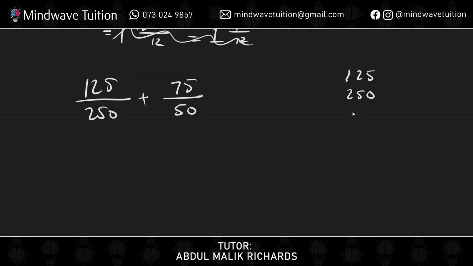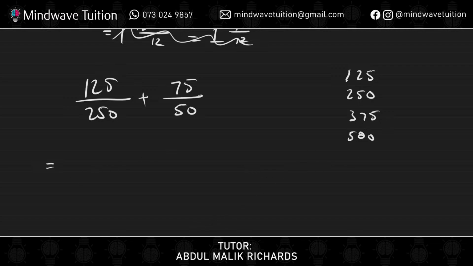So 125, 250, 375, and then 500. So the numbers, if they are big, they are going to be close to each other in terms of multiples. So we can see that 250 and 125, they are multiples.